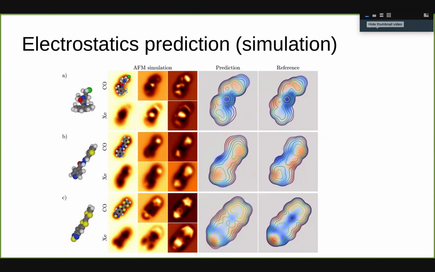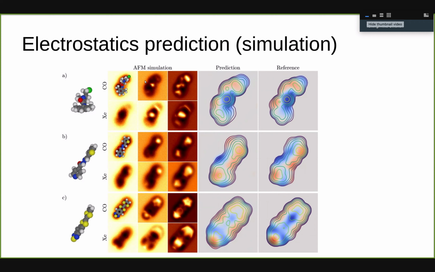Then we go into the second model, the second task of predicting the electrostatics from the AFM images, again starting with simulation examples. So here we have chosen 3 different examples from the test sets.